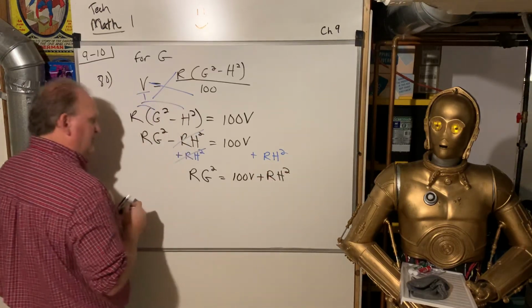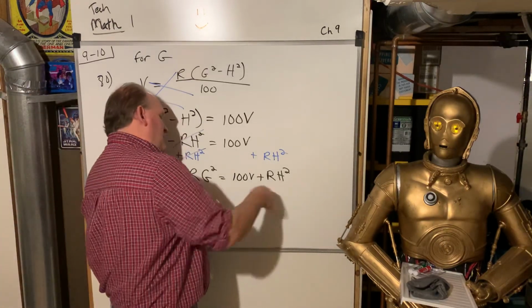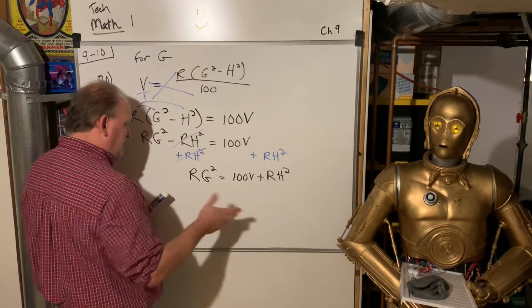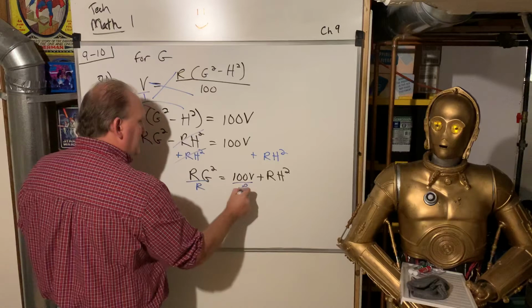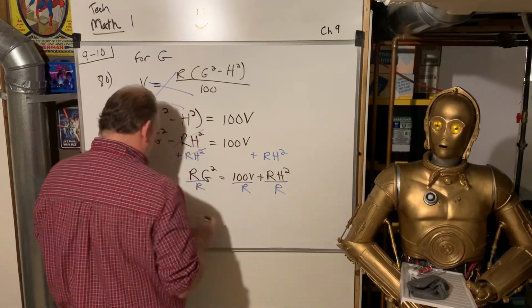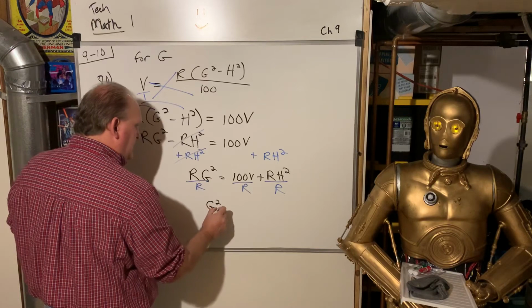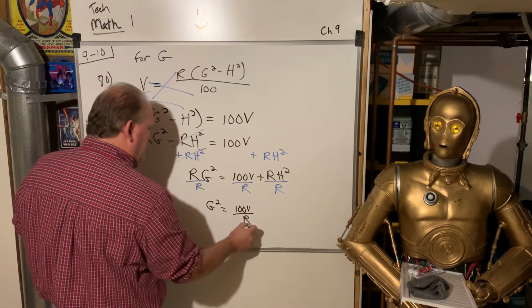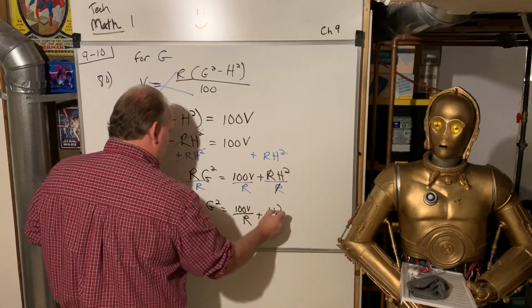All right. Now, since the last one I just did a big long line and left it underneath like that, this one I'll do it the other way, so you can pick which way you like to do it better. I'll divide each thing by R. How about that? So now we got g squared is equal to 100v over r plus, those r's would cancel, h squared.